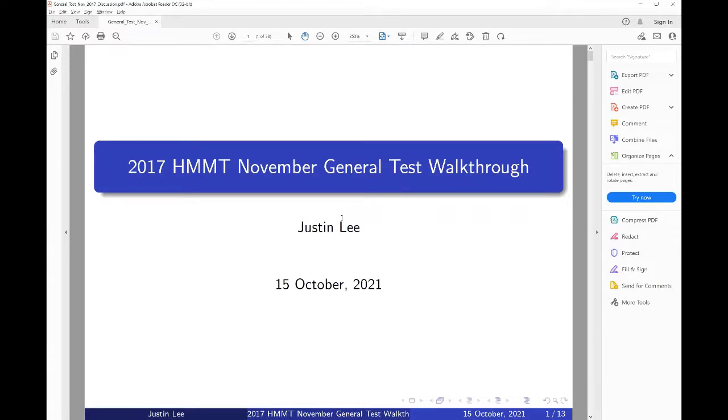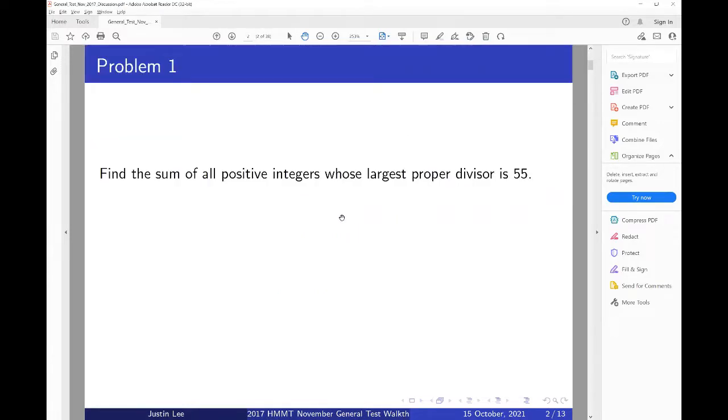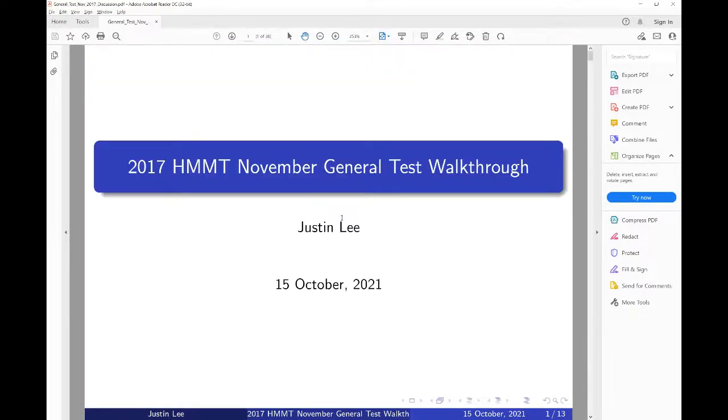Okay, so let's jump right in. First of all, for any test you do, and this is true of this test, you would expect to be able to see the solutions online.